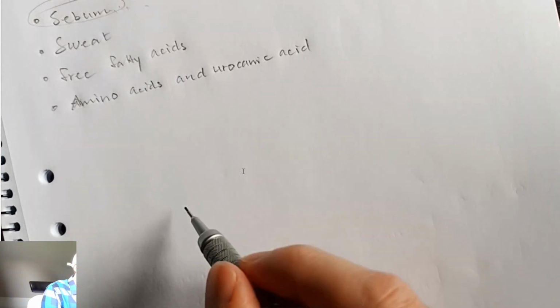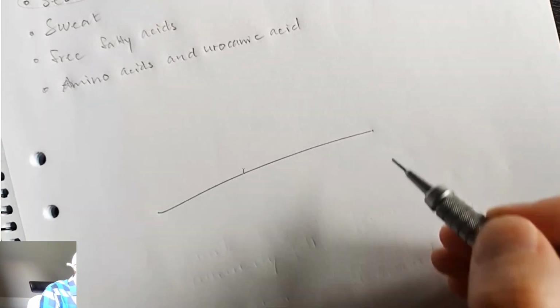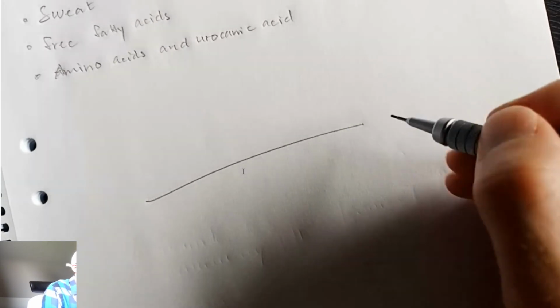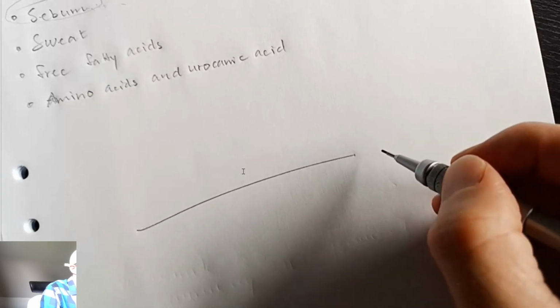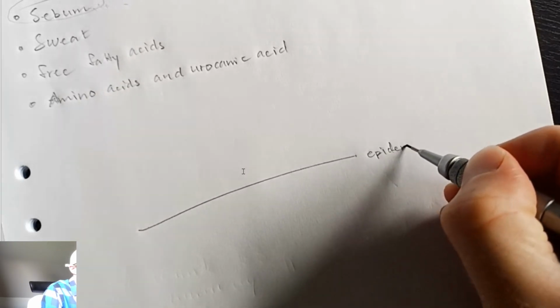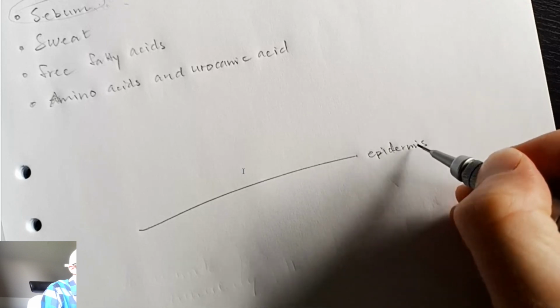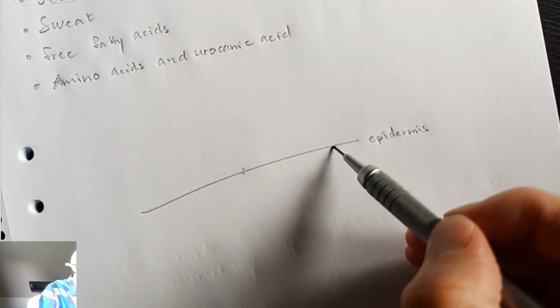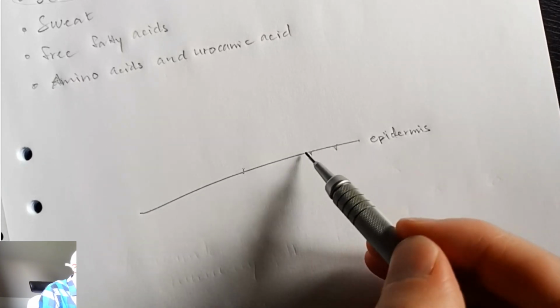So imagine the skin looking like this, and this is the top layer of the skin, the epidermis. This is what you see when you look at the skin. Here's where you have all the pores going into the skin.